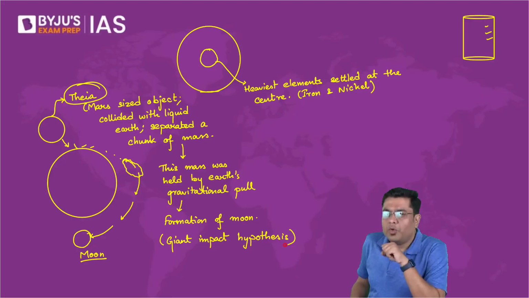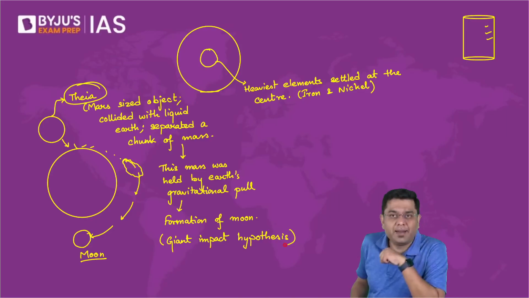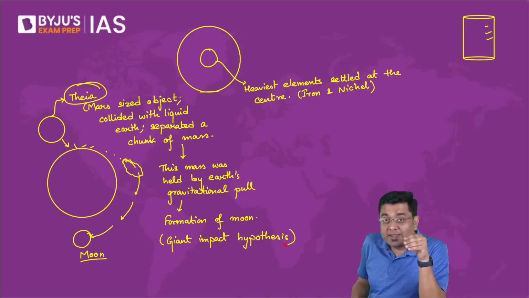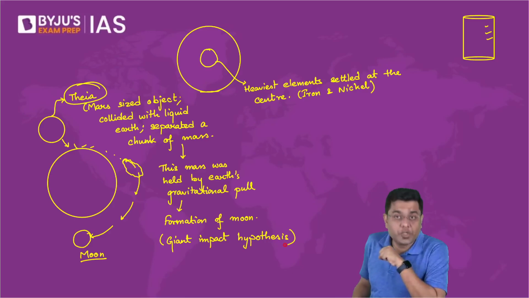So till now, what is it that we have seen? We have seen how dust particles collided to form the planetesimals. Slowly and steadily, as the dust particles collided, their size increased. With the increase in size, their mass would also increase. With the increase in mass, the gravitational pull of attraction would increase.